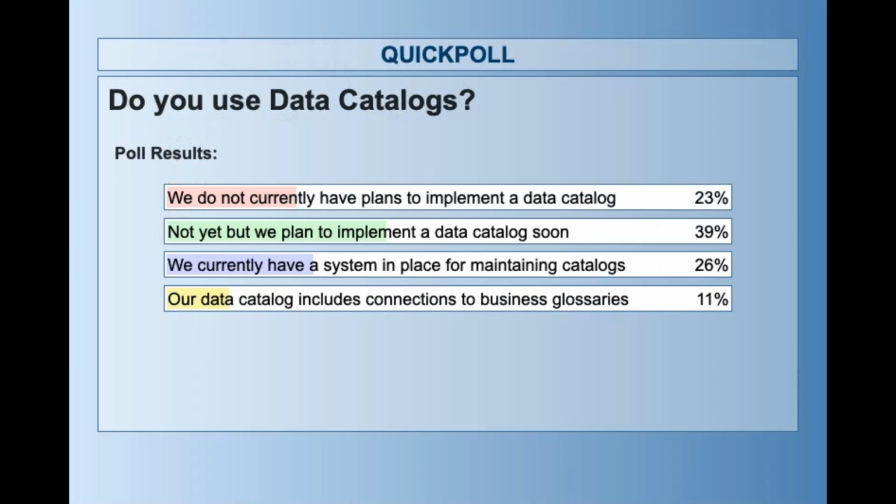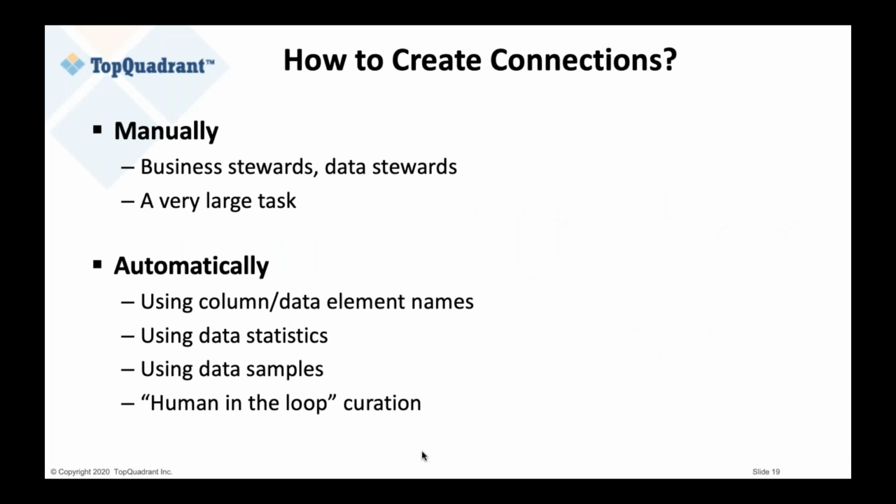Okay. All right. Well, interesting that we only have a small group of people that actually have connections to business glossaries, and that probably explains why people are interested in this webinar, because ultimately that's what we want to talk about: how to create connections. Well, obviously you could create connections manually. So you have people who are knowledgeable about the data sources.